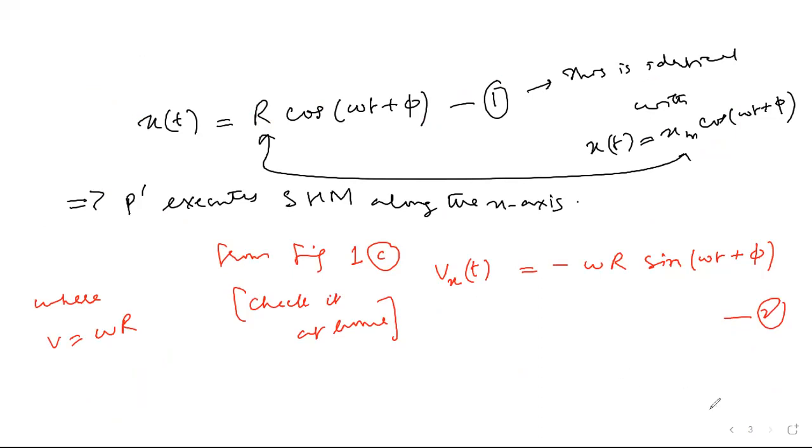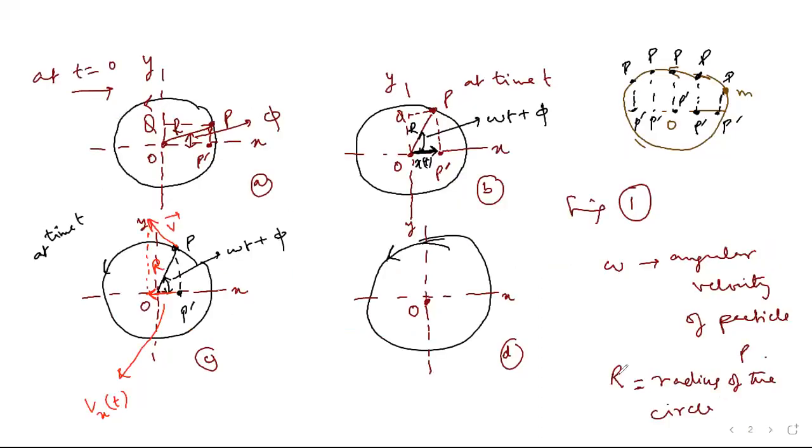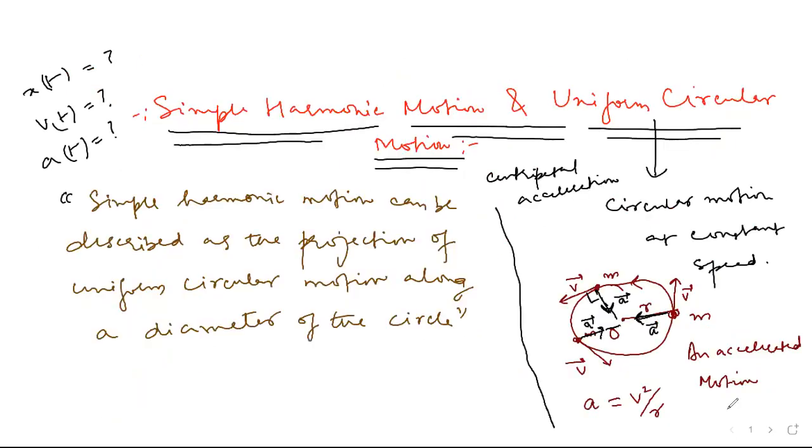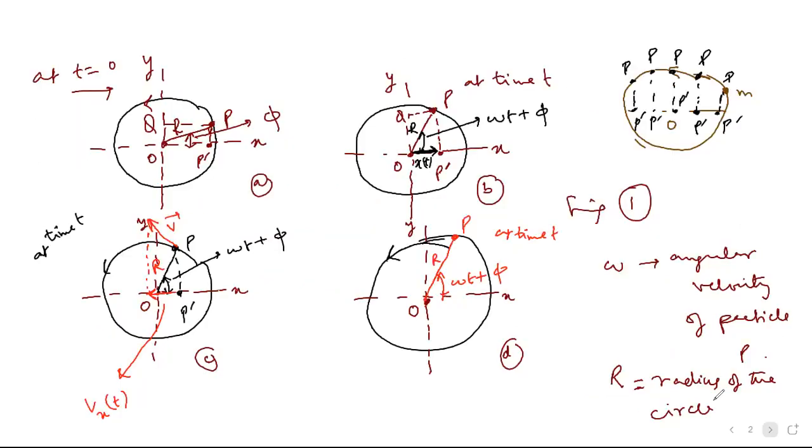So let us move to the acceleration now. Let me draw this figure again at time t. This is my OP. Its length is r. This angle is omega t plus phi, right? As we already discussed in uniform circular motion, at every position on the circle, the acceleration vector is pointing towards the center and its magnitude is constant.